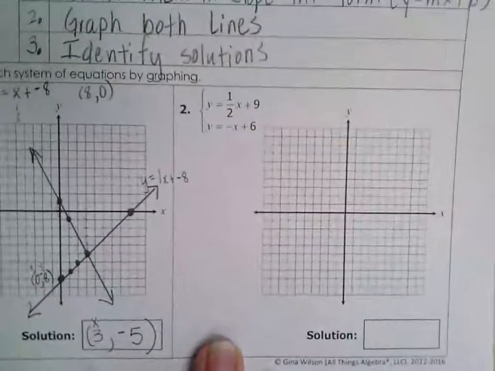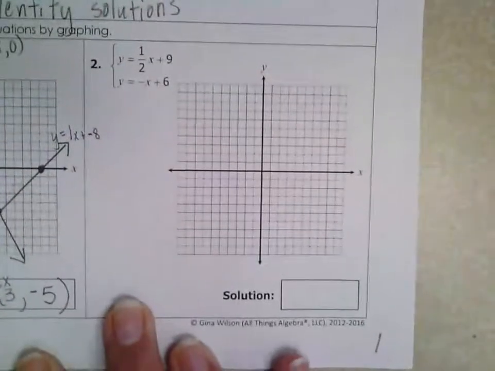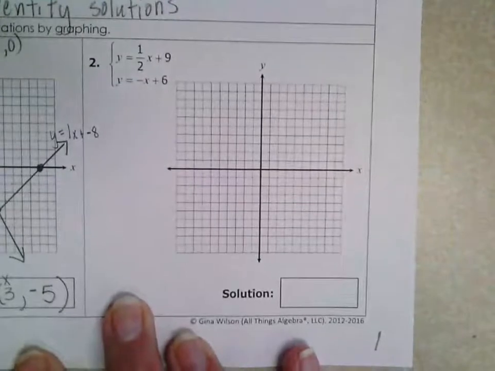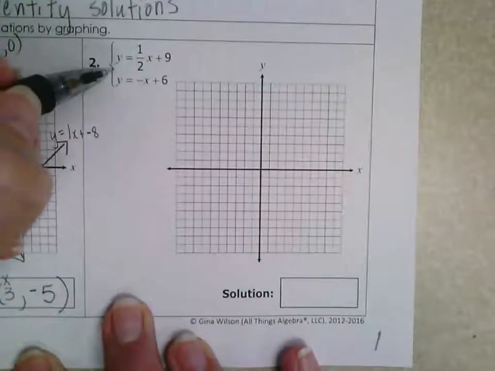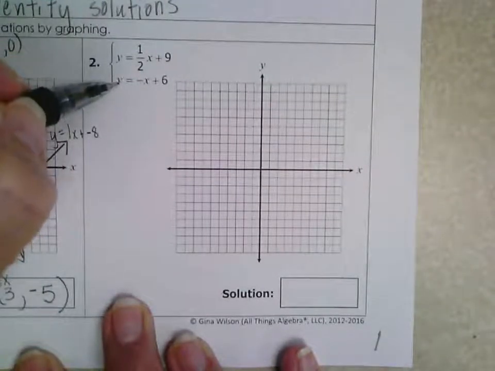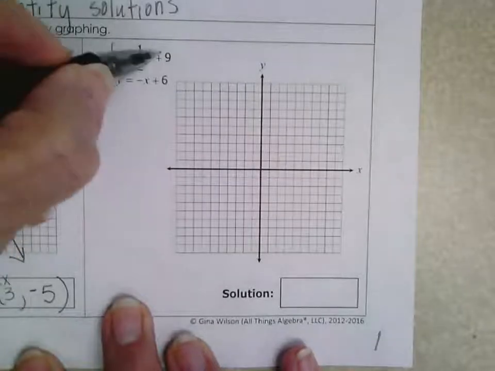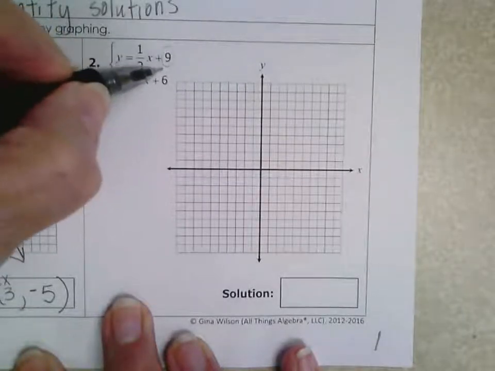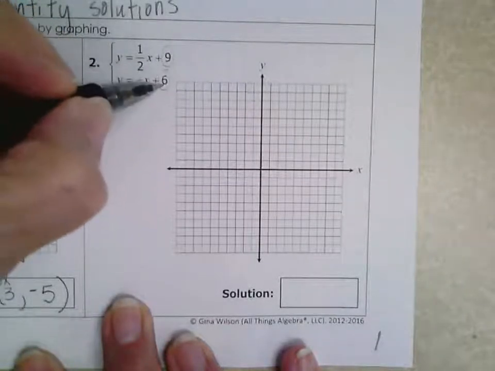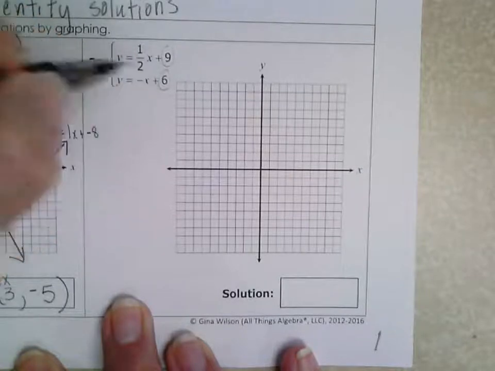So if we're to look at the next one, which we didn't do in class, but I'll do it with you. One of the things when we look at slope-intercept form is we can find a point for each line by looking at the y-intercept.